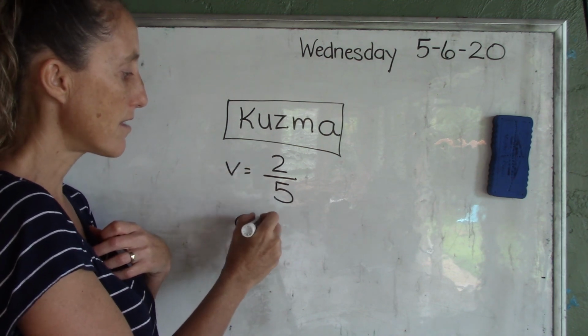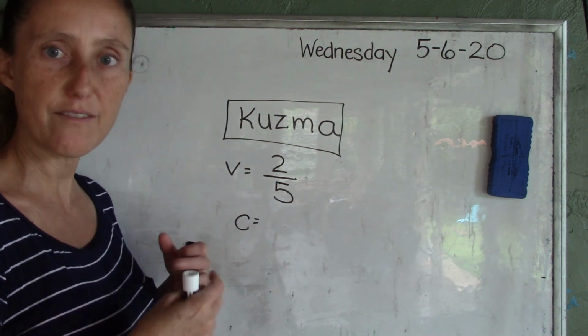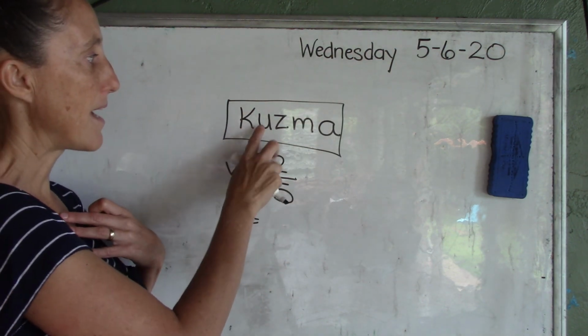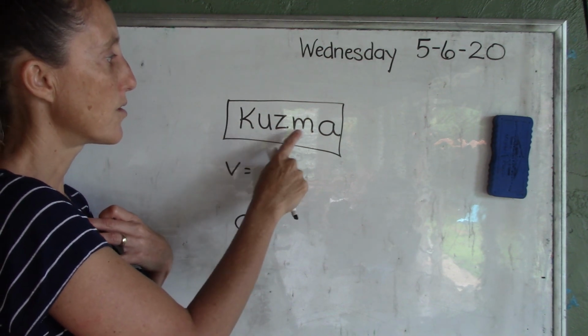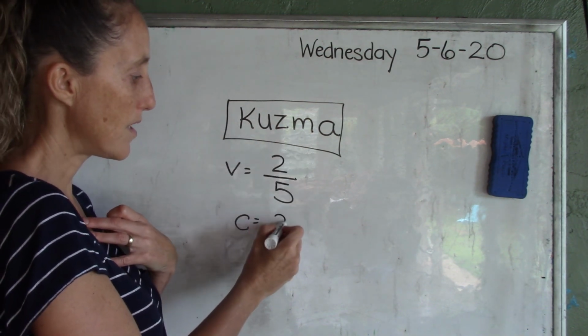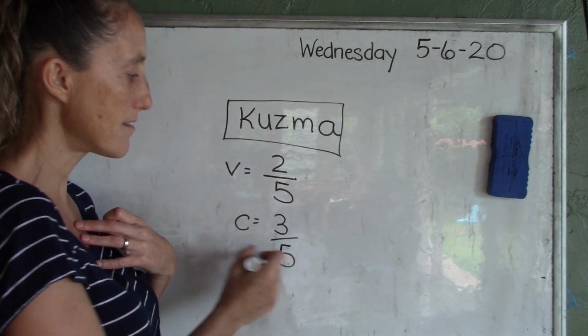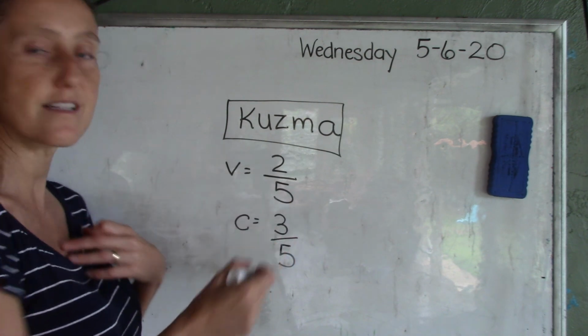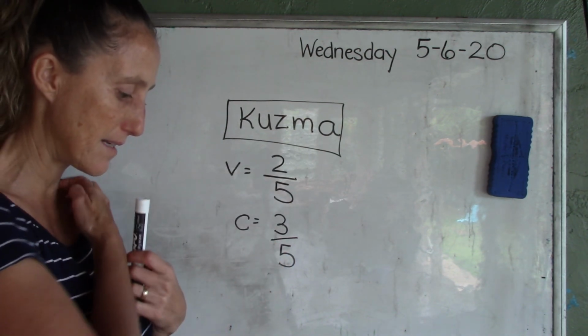How many are consonants? Consonants are all the other letters that are not vowels. So I had 2 vowels. That means the rest are consonants. That's 1, 2, 3. So 3 out of a total number of 5 are consonants. Those are fractions, right? Getting used to writing fractions and knowing what they mean.